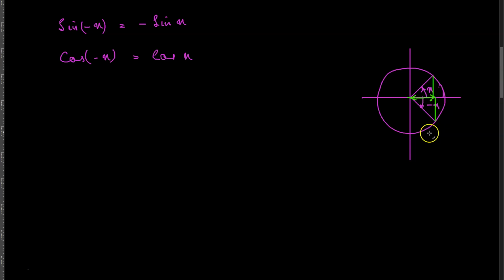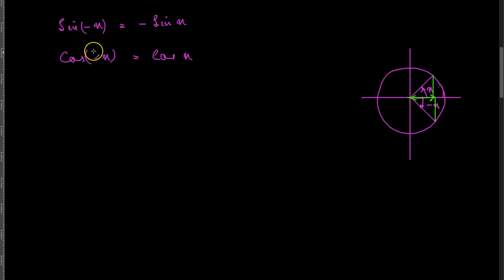The cos of the other angle, of course, if my circle was perfect, would be exactly the same distance, which means that cos of x is equal to the cos of negative x, because they are the same value. So cos of negative x is equal to cos x.